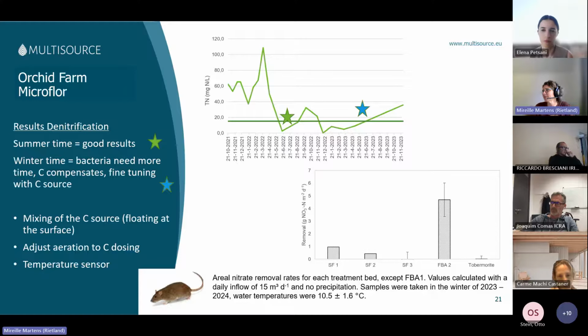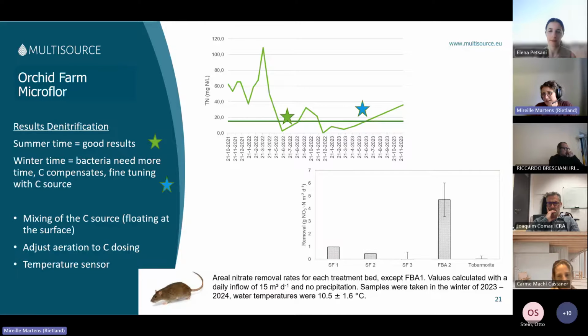And then the moment the pump went on to get the new water with the carbon into the aerated wetland, in that case, the blower was also on, but that means that you immediately degrade your carbon. So now we changed that the aeration starts after 20 minutes after the carbon is added to the system, so that you first focus on denitrification and afterwards create aerobic conditions.